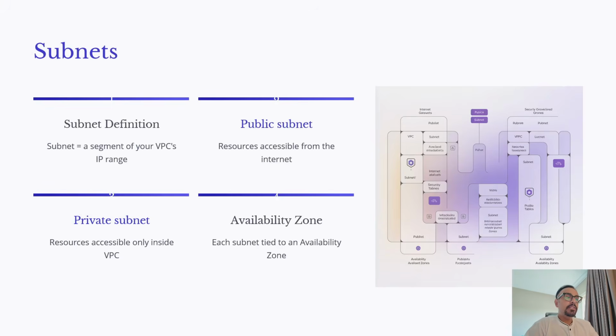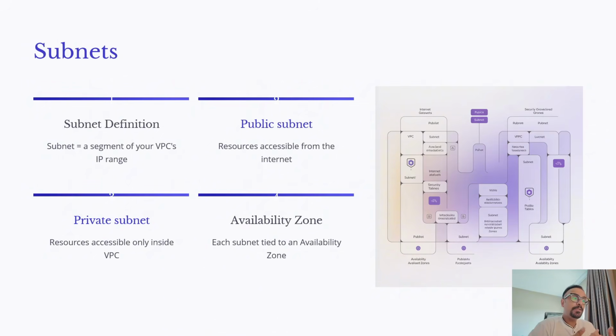Now let's break down subnets, which are inside a VPC. Once we create a VPC, then we create subnets. A subnet is simply a segment of your VPC's IP address range. It helps you organize your network into smaller manageable sections. There are two types of subnets. The first one is the public subnet, where you place resources that need internet access, like web servers.